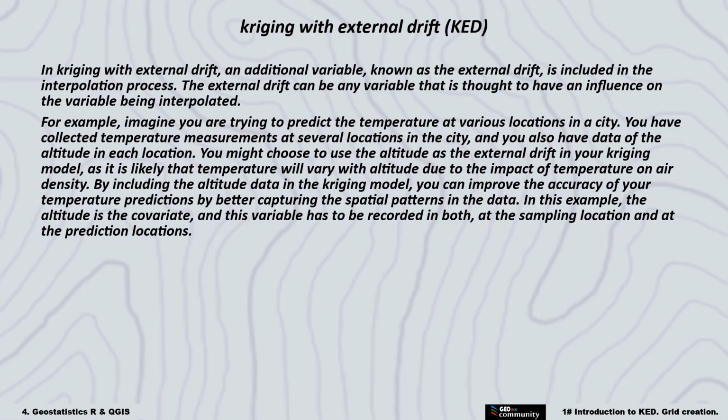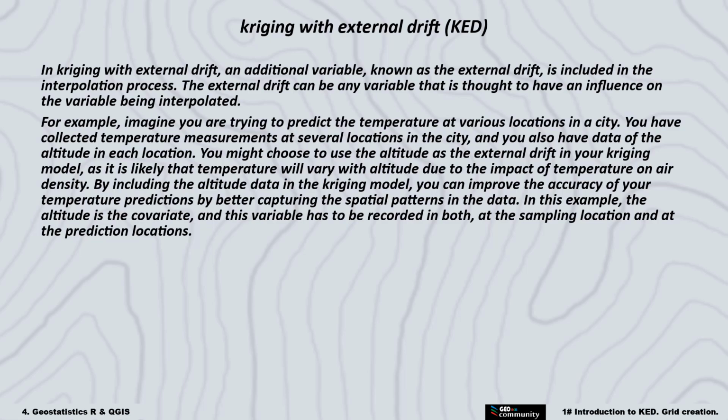In this example, the altitude is the covariate, and this variable has to be recorded both at the sampling locations and at the prediction locations. From this information, we can extract two very important things. The first one is that the variable of interest, the variable that is going to be interpolated, has to be spatially correlated with the variable that we are going to use as external drift.